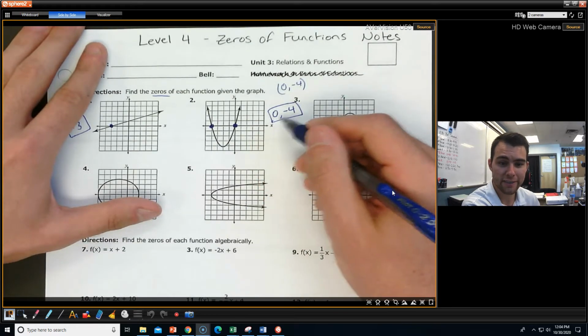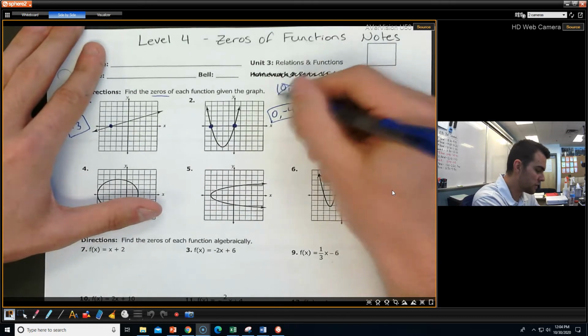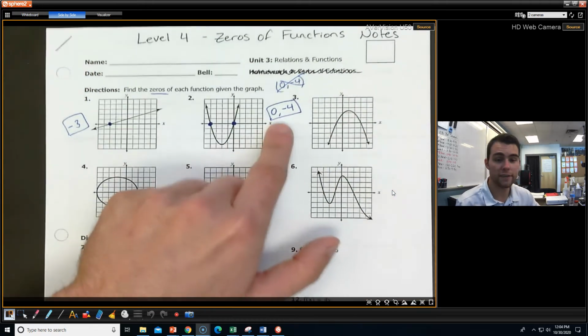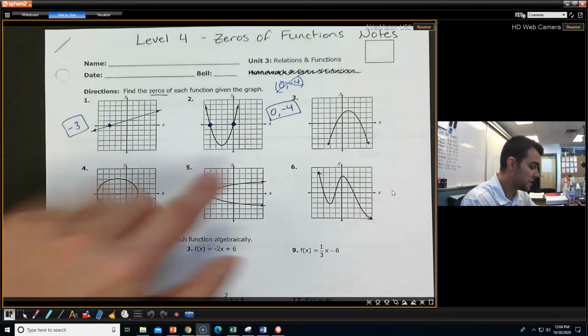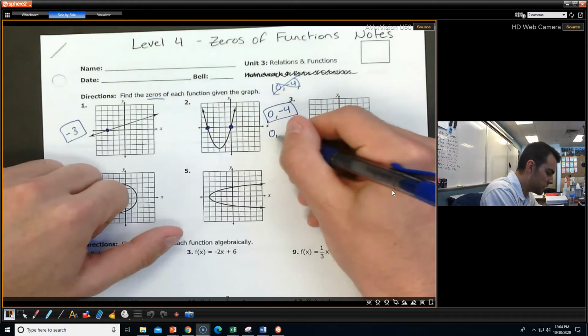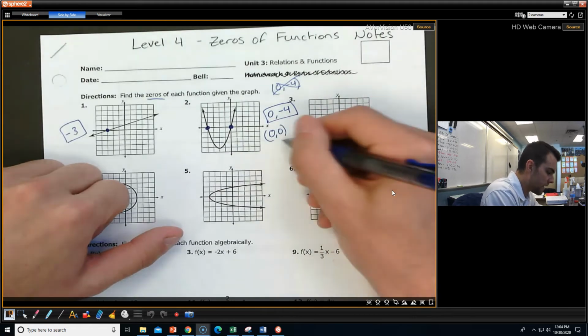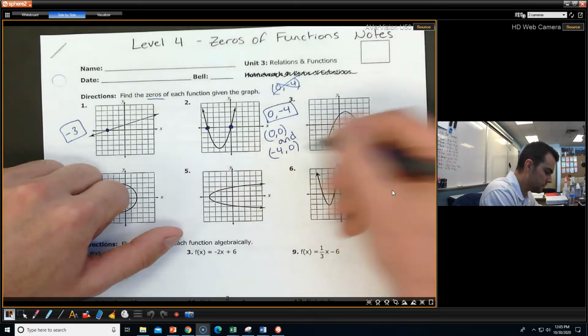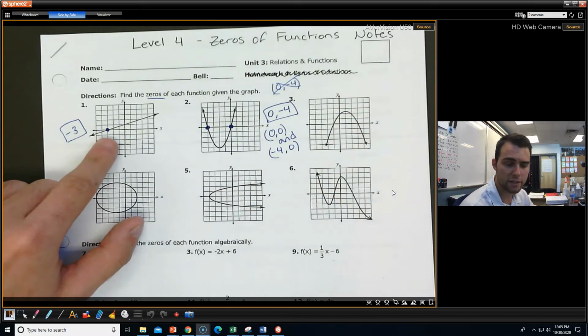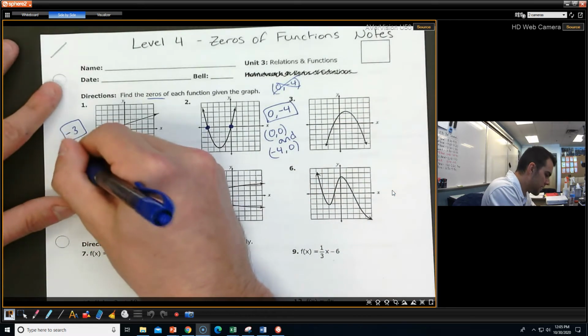These are just the zeros of the graph, so we don't want to include that. We just want the x-coordinates. So really, if we actually wanted the points of these guys, technically, that would be (0, 0), and it'd be (-4, 0). This guy over here would be (-3, 0).